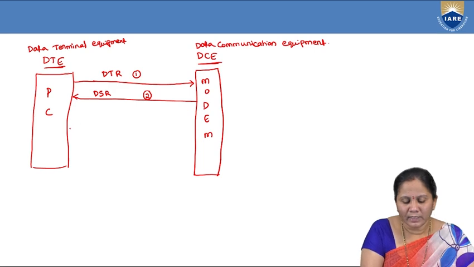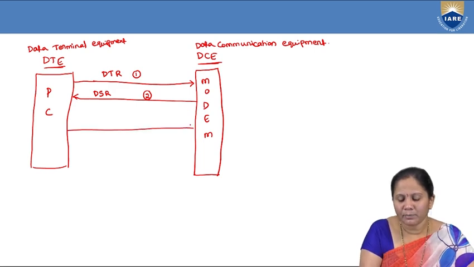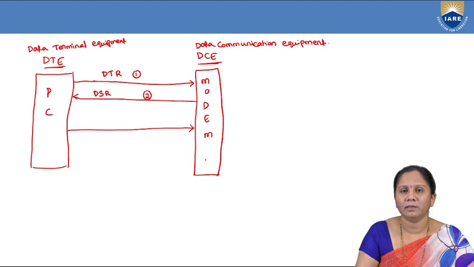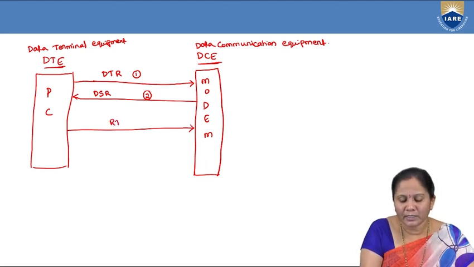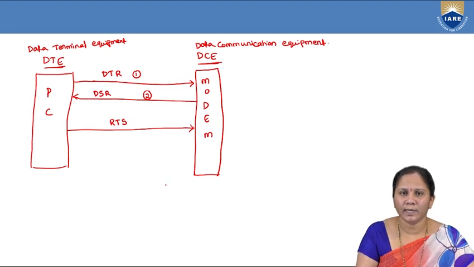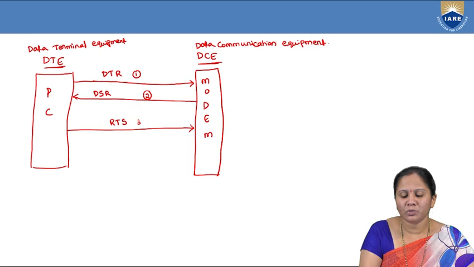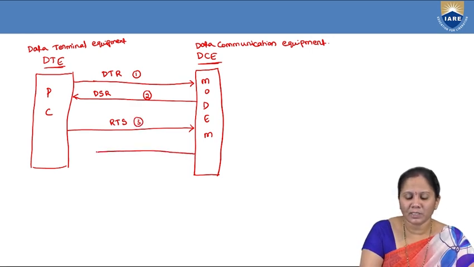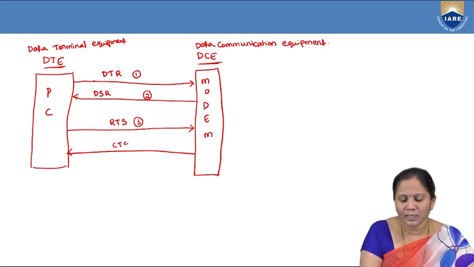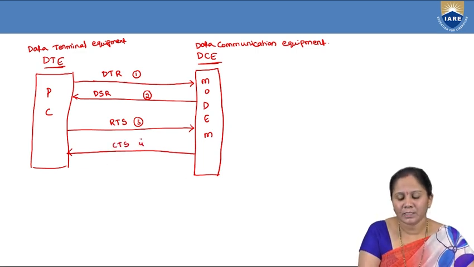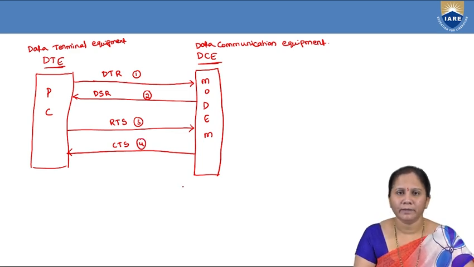Then after that, the PC is going to send one signal to the modem. That signal is called RTS, request to send. After the modem receives this request to send signal, the modem is going to send one signal to the PC, which is called CTS. That is clear to send.